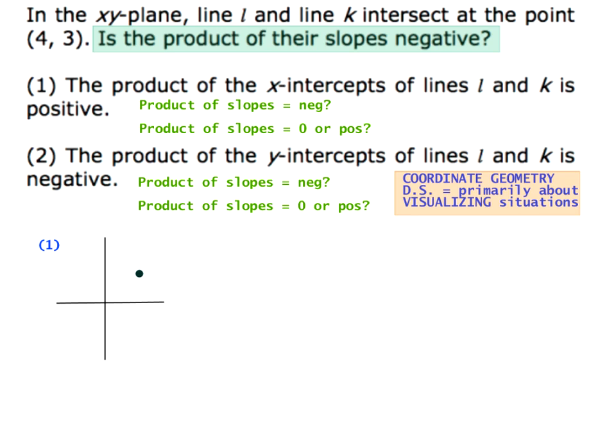You could have one of the slopes be 0. I mean, you could have a flat line intersect a line that's not flat. There's no reason why you couldn't have that. In fact, in statement 2, you could have that. We'll talk about it.